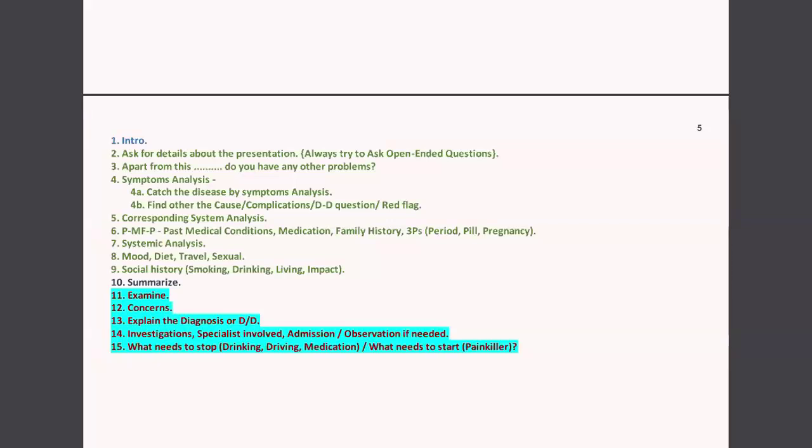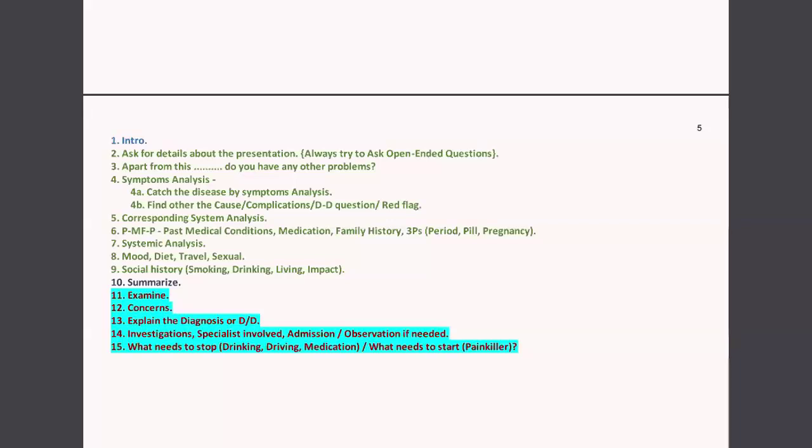And then after summarization you go for the examination. The examination should be very systematic and very focused. You don't have too much time for detailed examination, so keeping this in mind, you have to be very focused on examination.